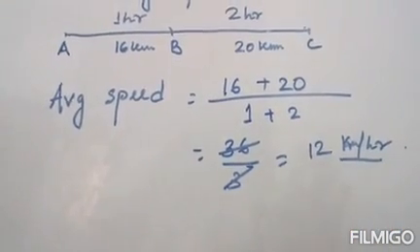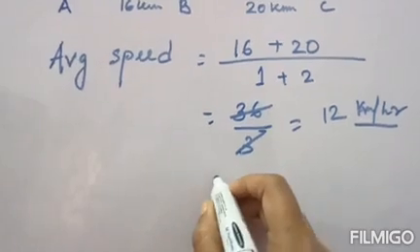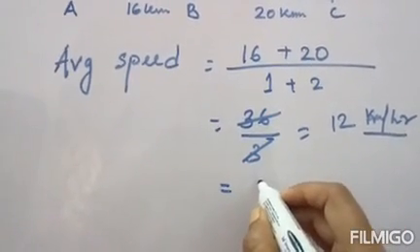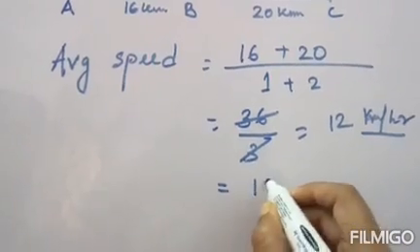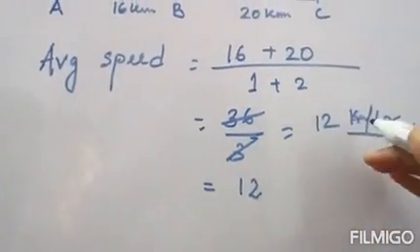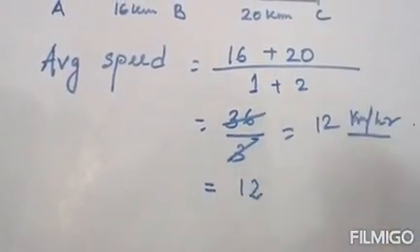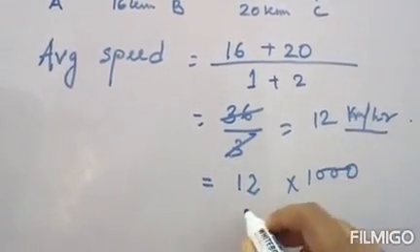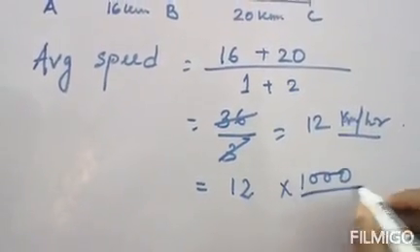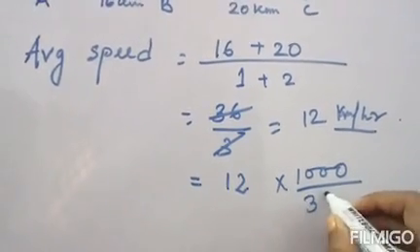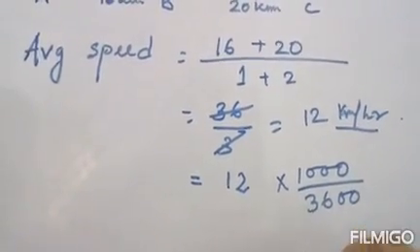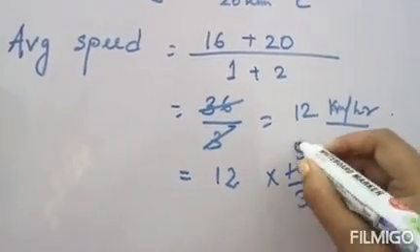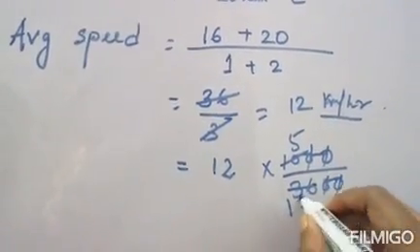Now this is 12 kilometer per hour, which is a unit of speed, of course, but not the SI unit. How to change it into the SI unit? See, 12 kilometer: I want to change it to meter, so multiply by 1000, and hour to second, so divide by 3600, or we can say 5 by 18.